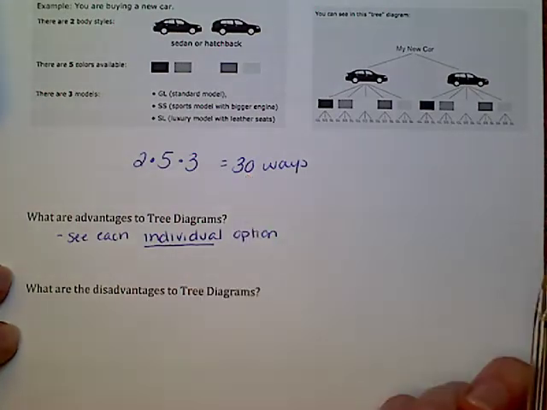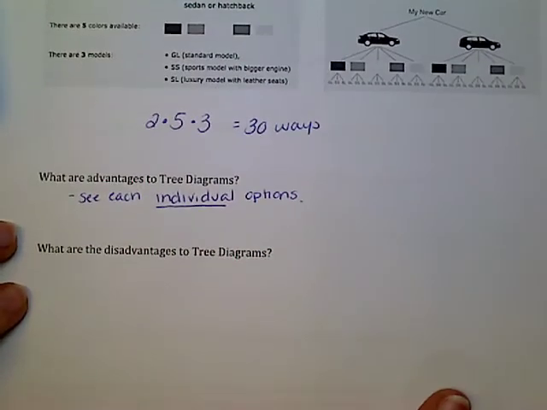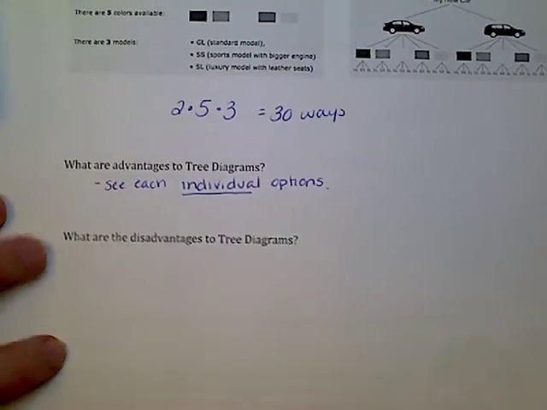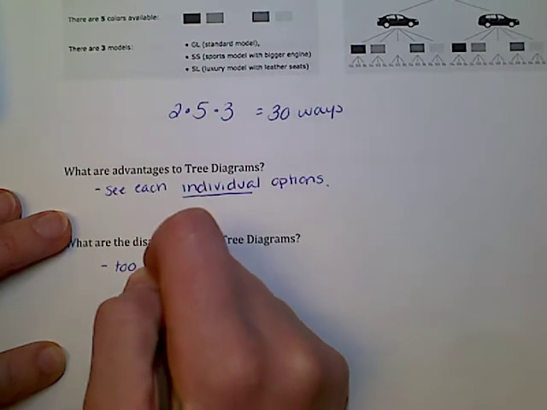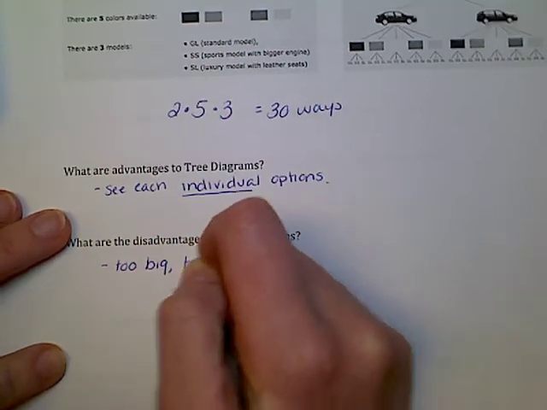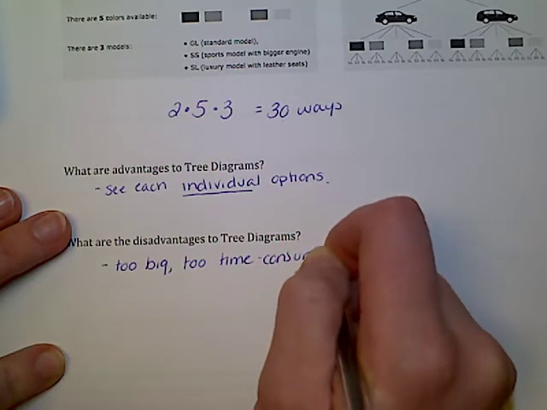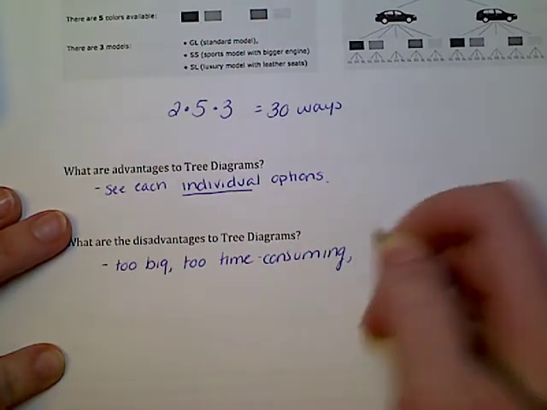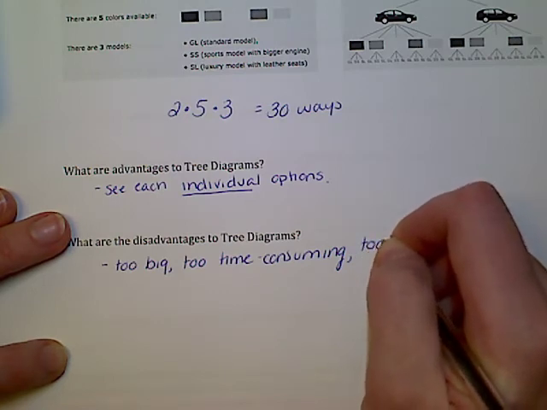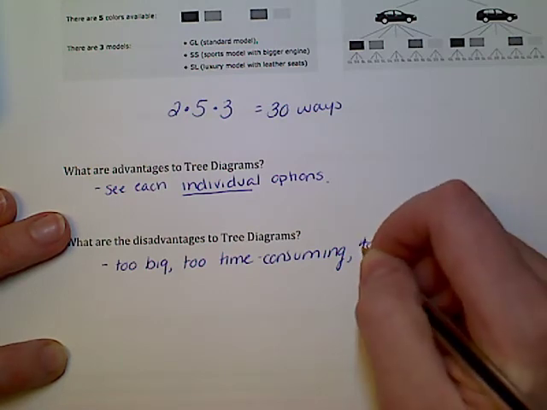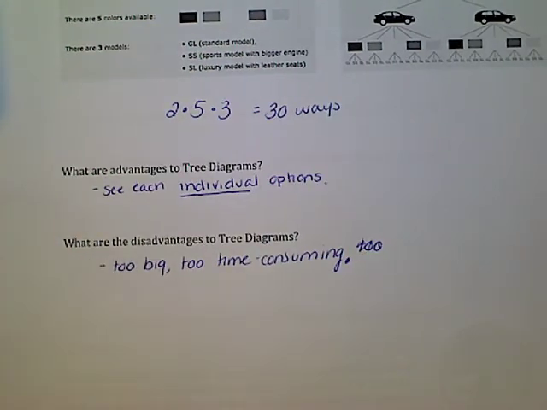But you do get that sample space really quickly. So the disadvantages to a tree diagram, as you've probably already noticed, is that they can be too big and too time-consuming, sometimes.